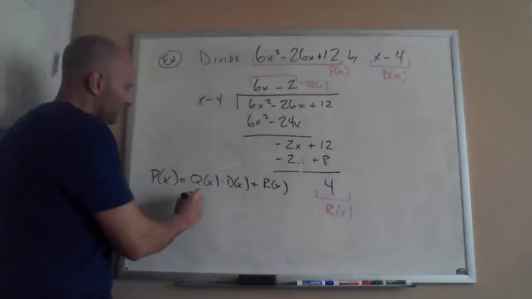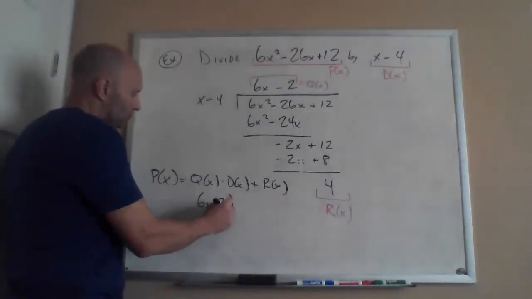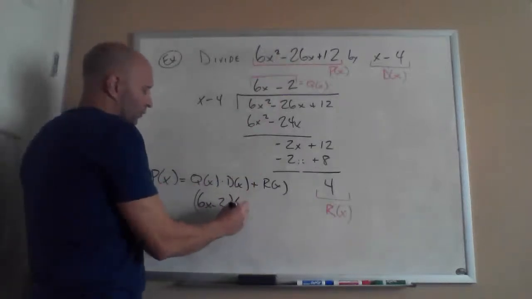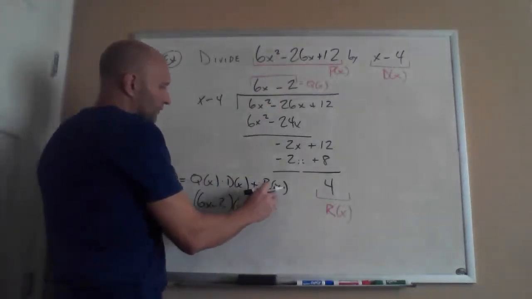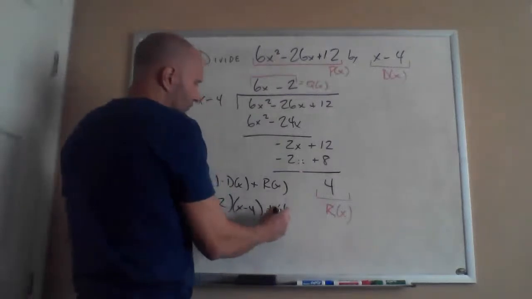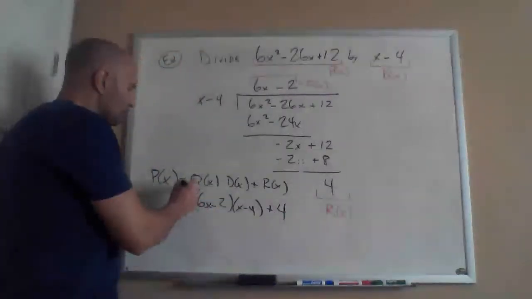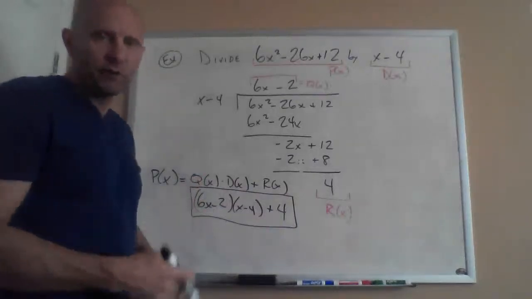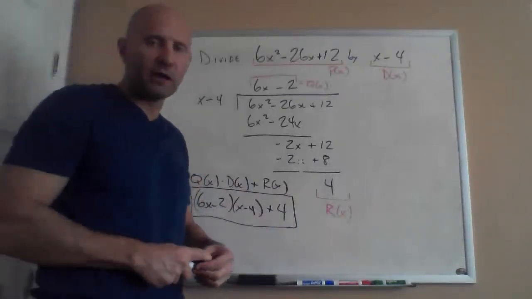So q of x would be 6x minus 2, d of x is our x minus 4, plus the remainder of x, which is just 4. So this would be the answer, exactly the format you would have to put it into WebAssign.